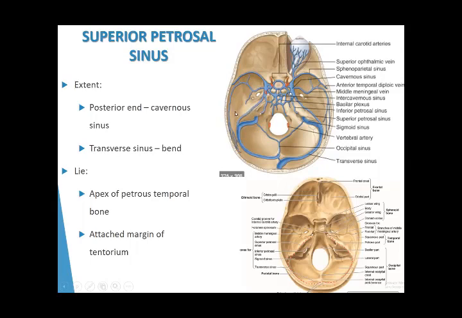अब एक चीज और है, if you remember correctly, at the apex of the petrous temporal bone, you had the attachment of the tentorium cerebelli. This is the site where you have the attachment of the tentorium cerebelli.